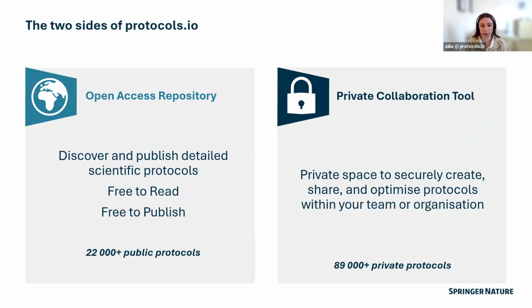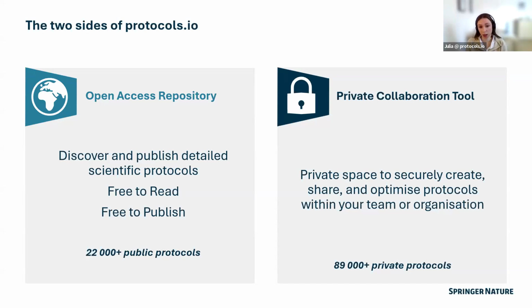So there are two sides to the platform. On the one hand, we are an open access repository. So this is where you can discover and publish detailed scientific protocols. It's completely free to read and free to publish. And there are over 24,000 public published protocols on the platform right now.